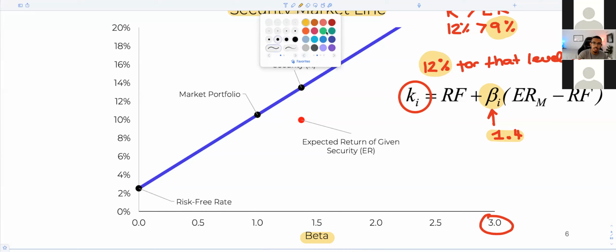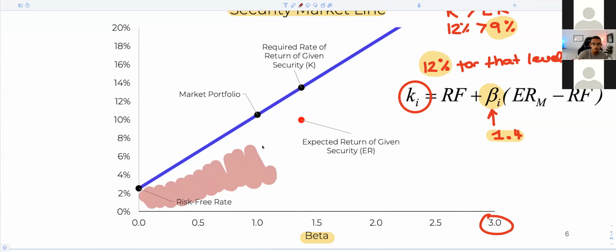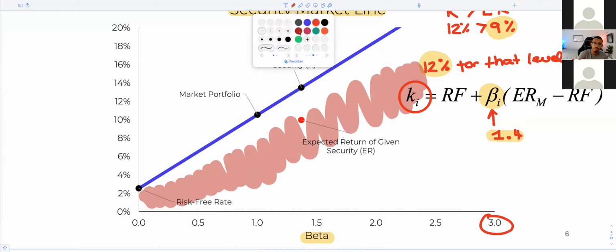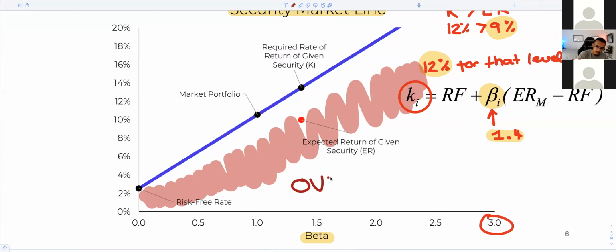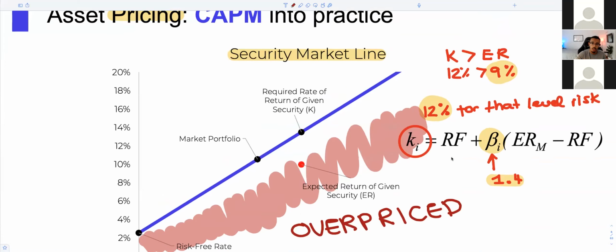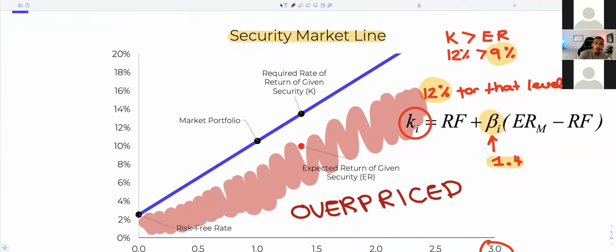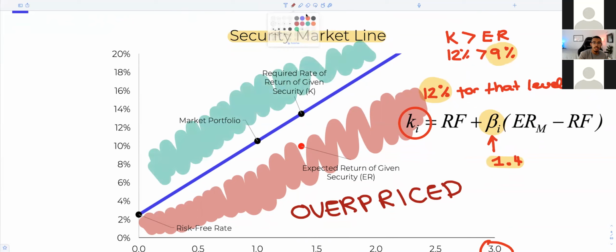What this is telling us is that anything underneath the SML line would be considered overpriced, because for the level of risk you're taking, you're making less than what CAPM is telling you should make. All right. But for any point above the SML line, we would say that something is being actually underpriced.